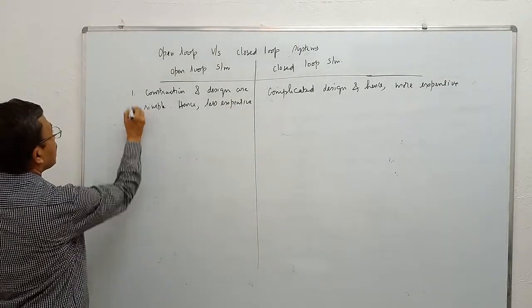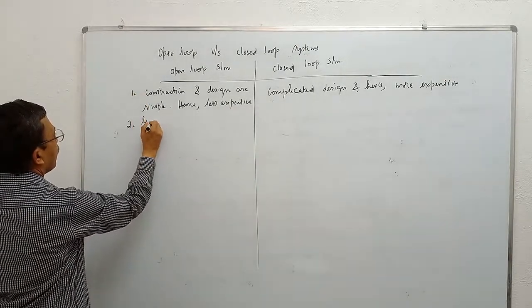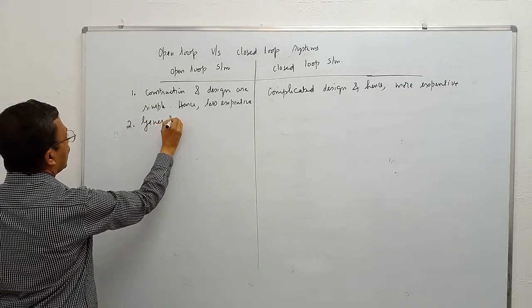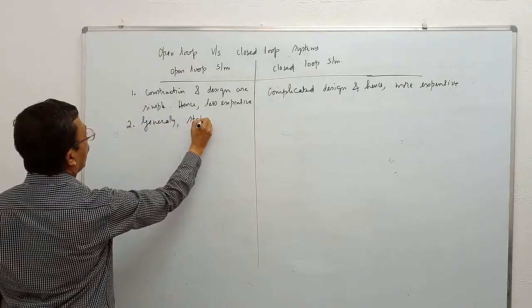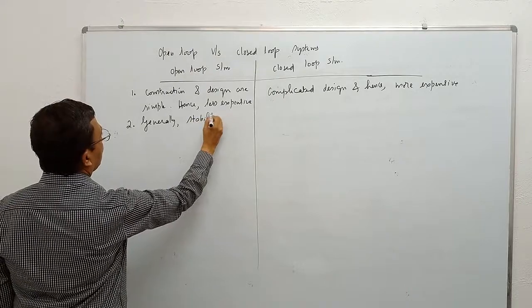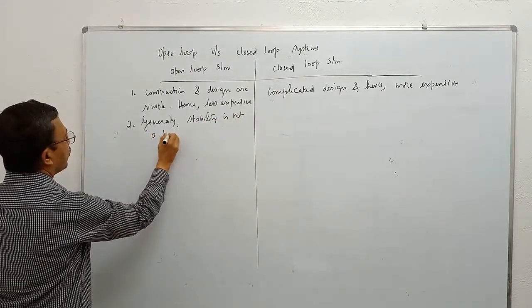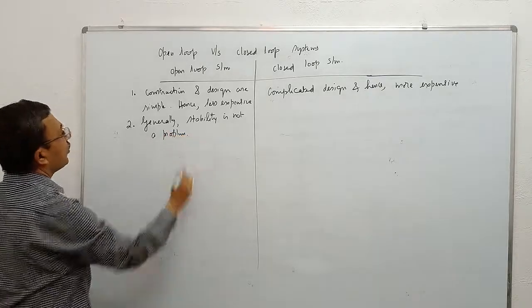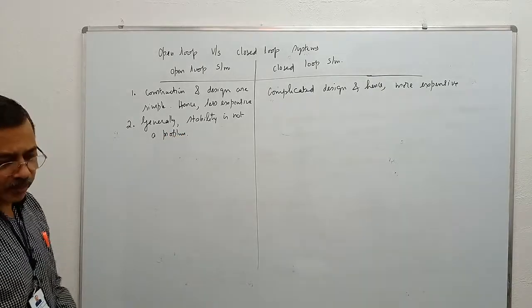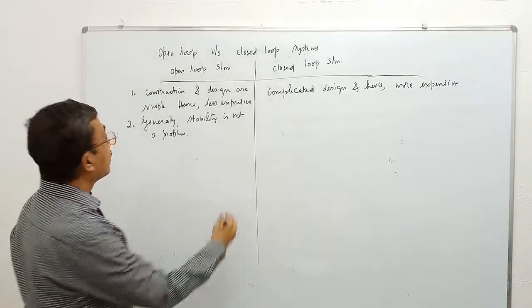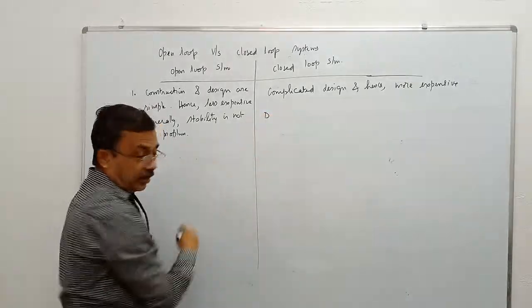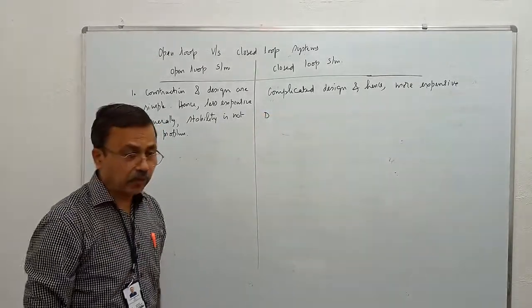Second one, generally stability is not a problem. So open loop systems are generally stable. Designer should be careful, since a closed loop control system, CLCS, has a tendency to become unstable.